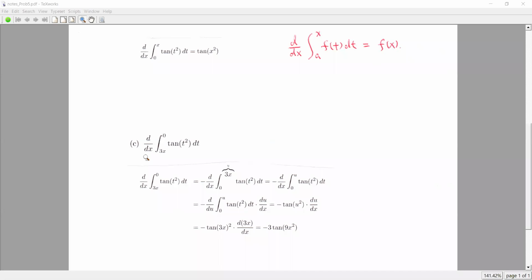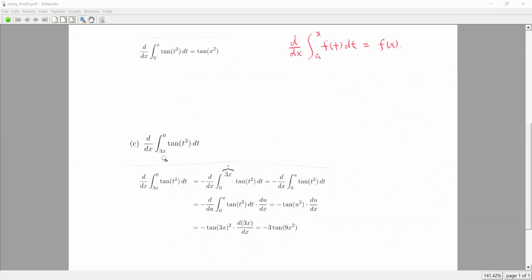Part C. To compute this derivative, I use this formula again. Please note that in this formula, the lower limit is a constant and the upper limit is just x. In this integral, the lower limit is not a constant.